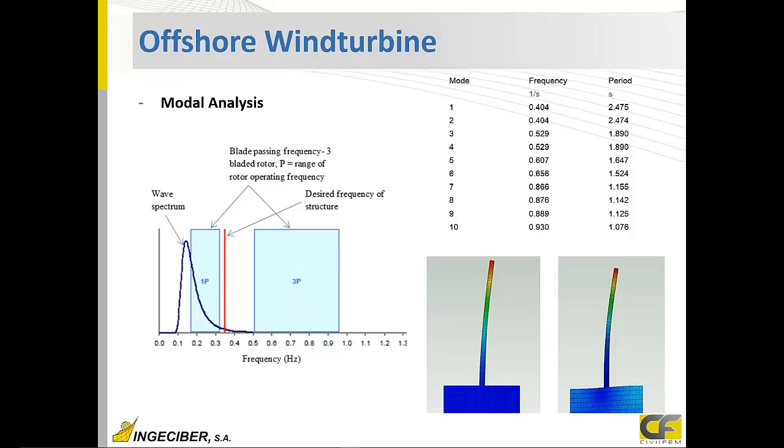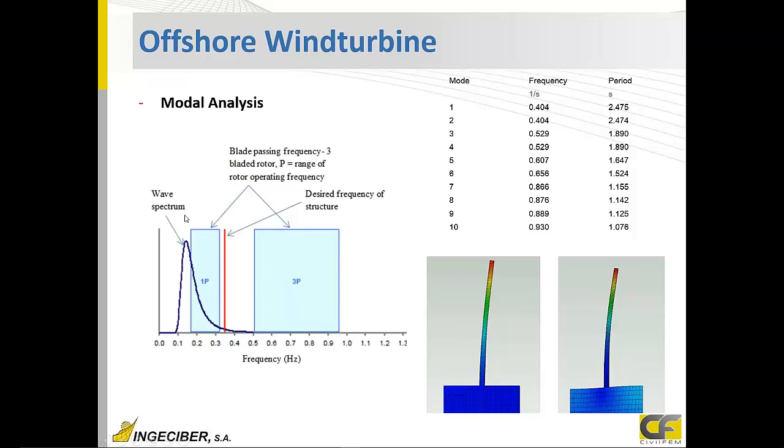For the modal analysis, it's very important to obtain the desired frequencies in a range of frequencies of the natural modes of the structure that avoid the resonance frequencies of the three sorts of actions we have: the wind, the waves, and also the blades, the rotor blade.